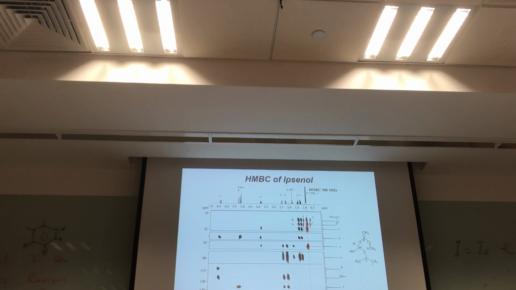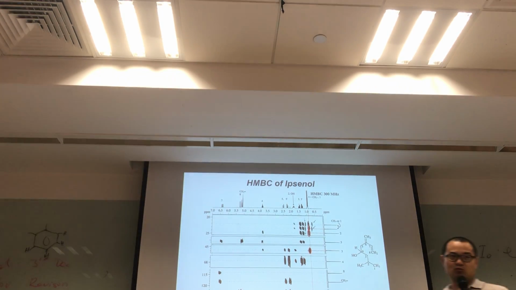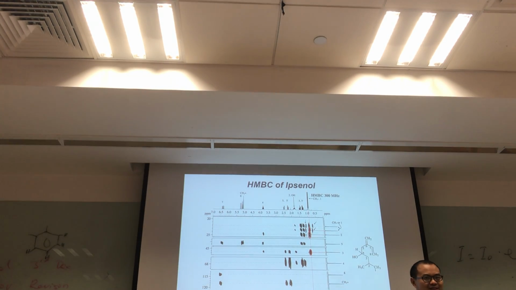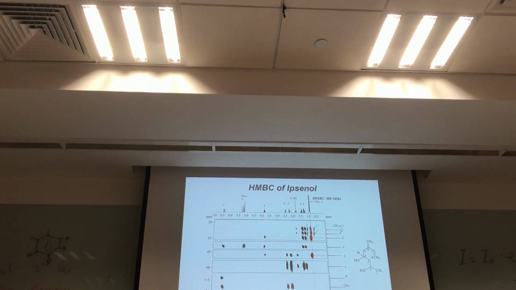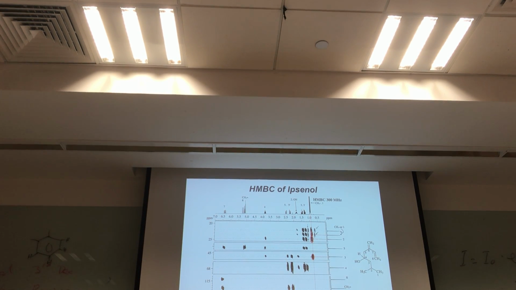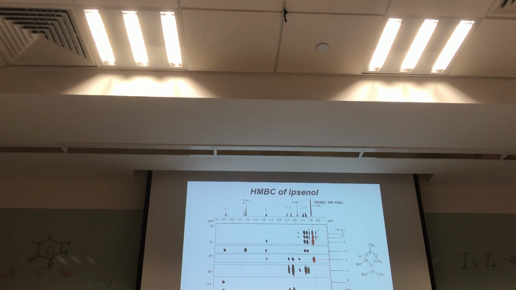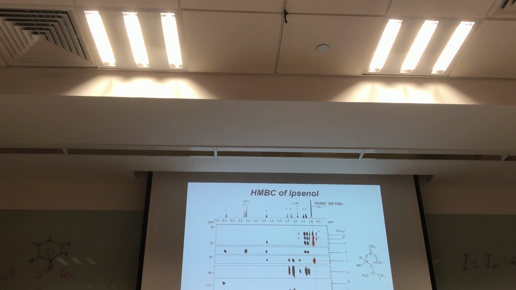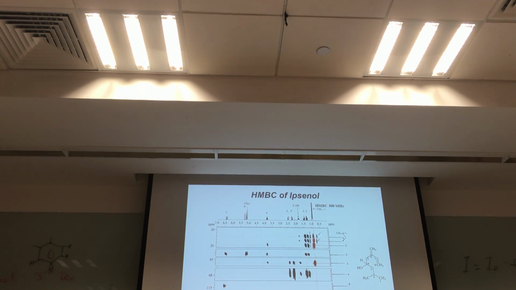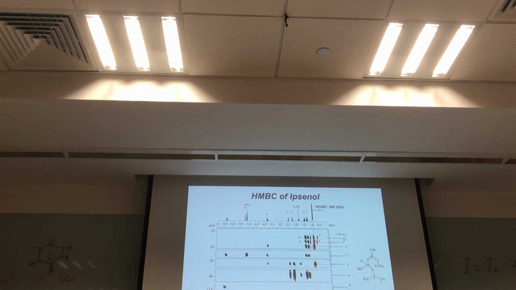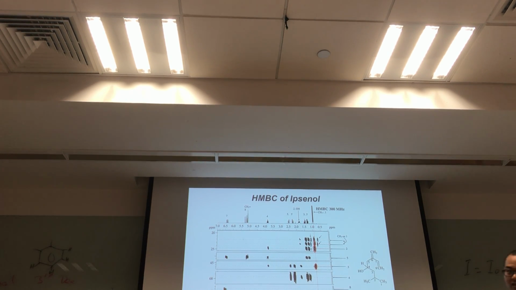HMQC can help you find which proton is on which carbon, right? After you assign the proton NMR, you can use HMQC to readily assign the carbon signal. And then the third one we talked about in detail is HMBC.